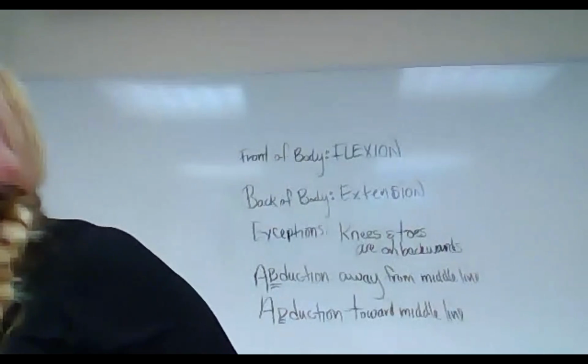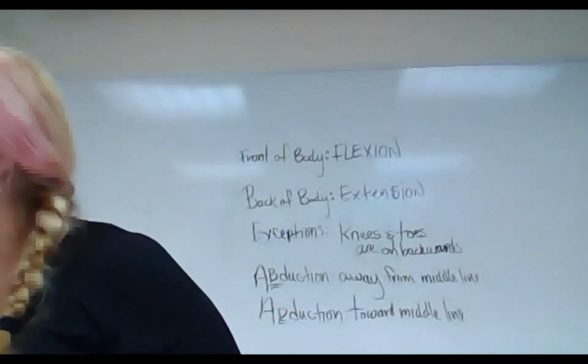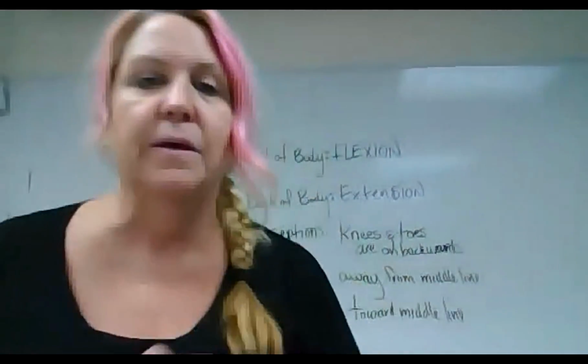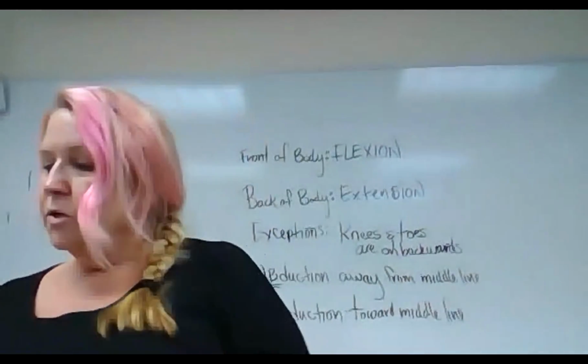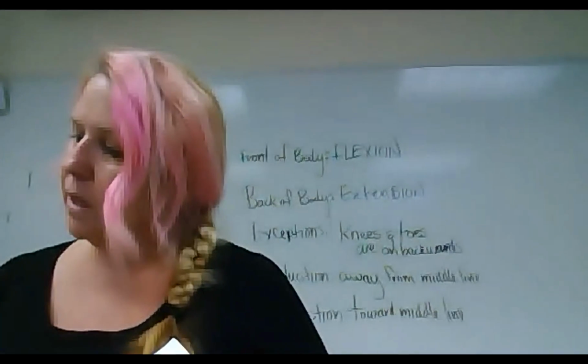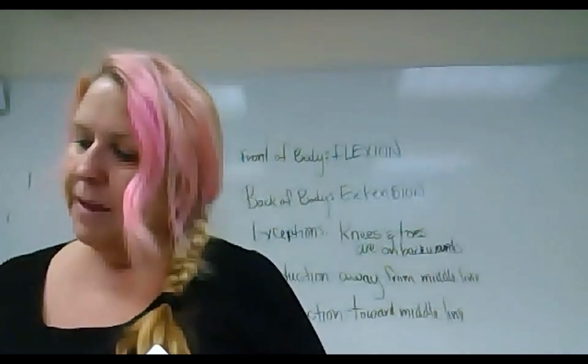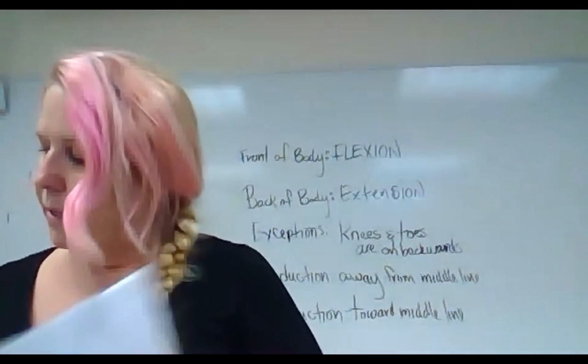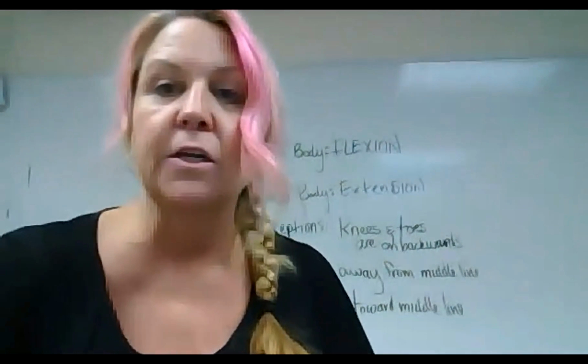There are, I think, 7 diagrams, 1, 2, 3, 4, 5, 6, 7 diagrams that will be in your test as well. So now we're going into the muscles of the arm and shoulder on page 61. And so I'm going to share that one.